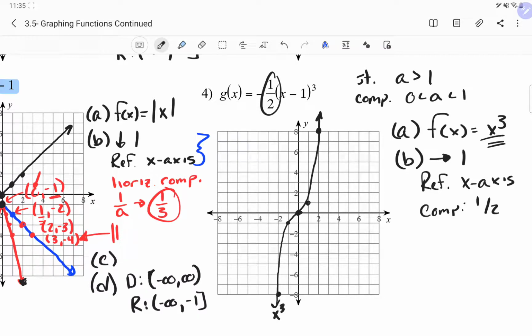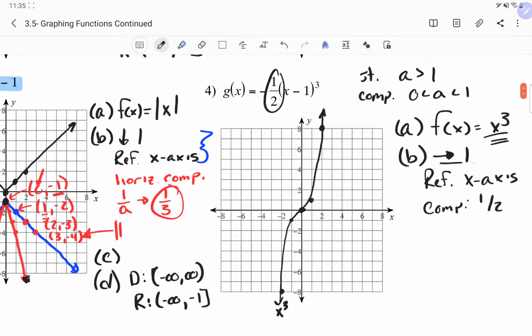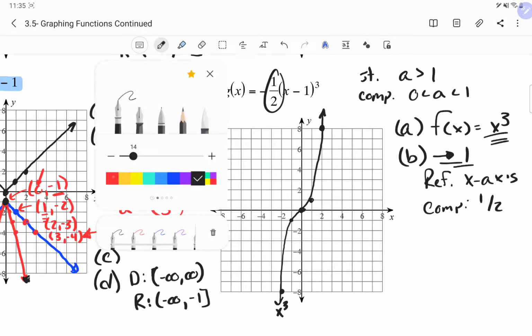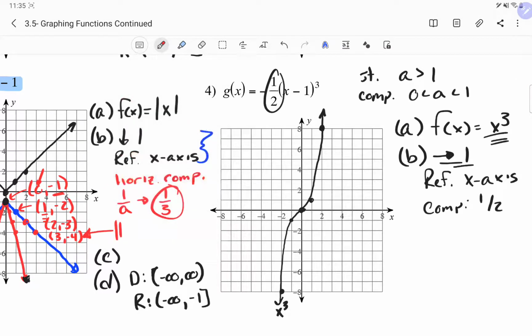Right, so now we're going to go ahead and do all these translations. We're going to take a look at this one first. It's going to shift to the right 1 unit, so one unit each of these. And then it's going to be a reflection over the x-axis.